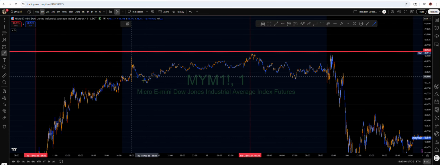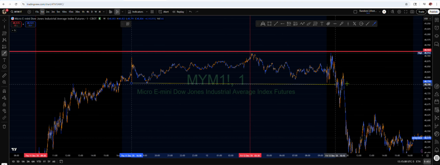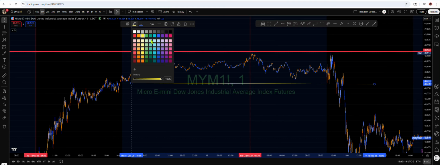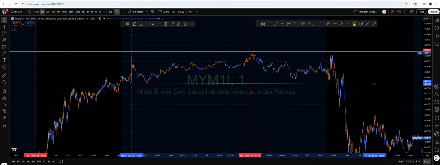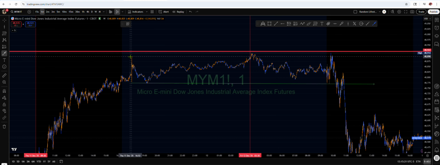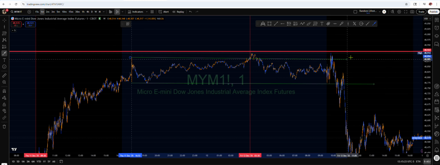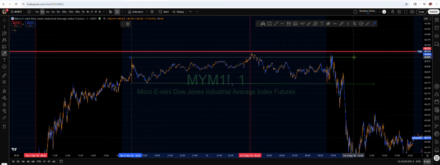Okay, so we have Asian lower low, supposed to be green, and then we have Asian higher high, right?